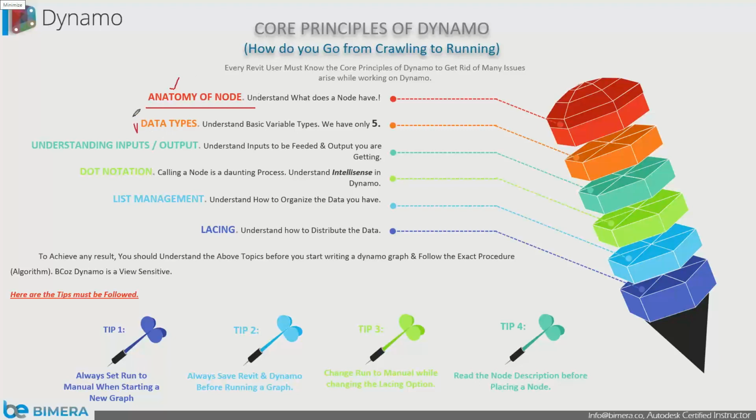Next are data types. I told you already, somewhere it is showing a string, somewhere a double, somewhere elements, and somewhere var. What is that? If you understand the data types, you can play with Dynamo like anything, because generally you feel like you're playing with the elements. No, you're playing with the data.